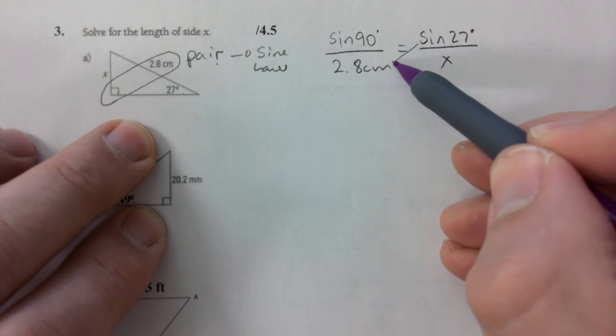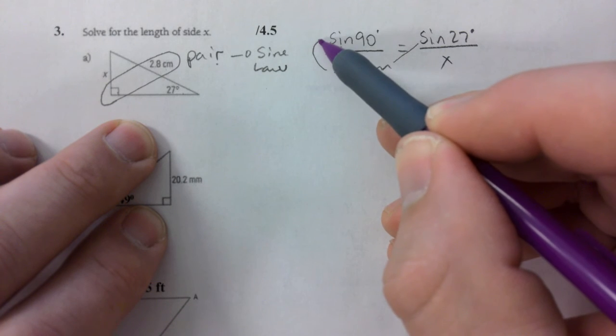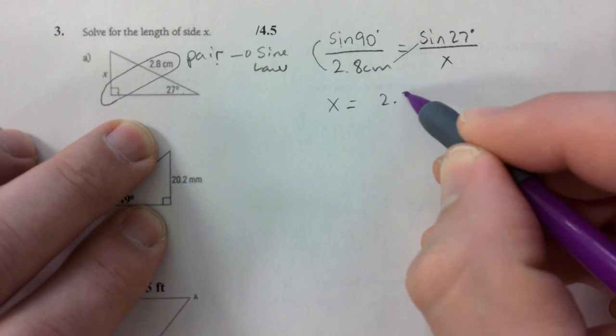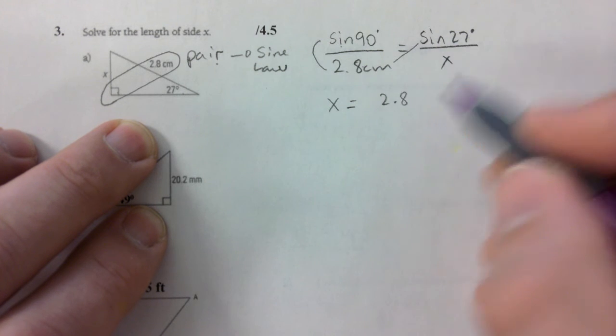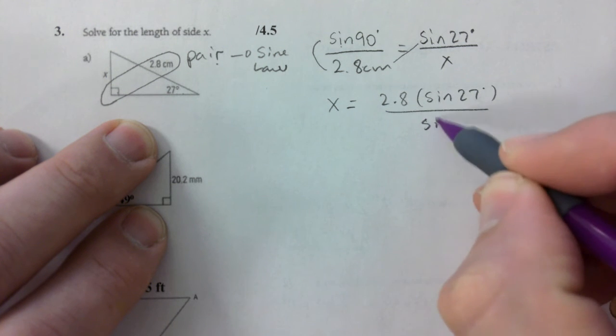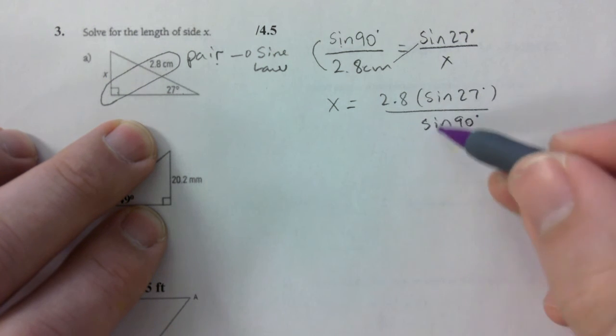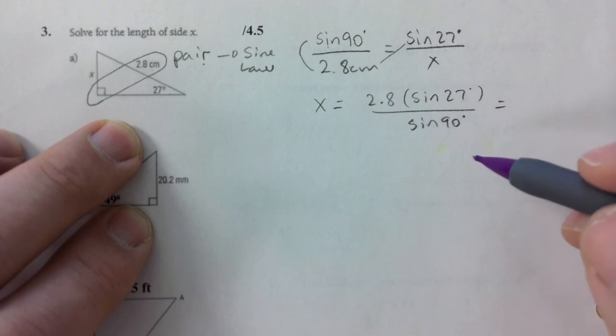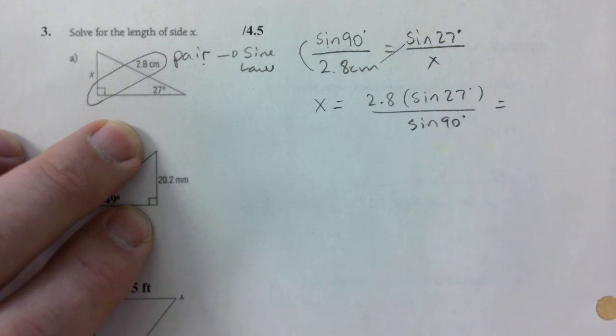And then it's cross multiply and divide. So you write down that x is going to be 2.8 multiplying with this. Order doesn't really matter there. Sine of 90 is equal to 1, so it's not going to change anything, but this is mathematically correct.